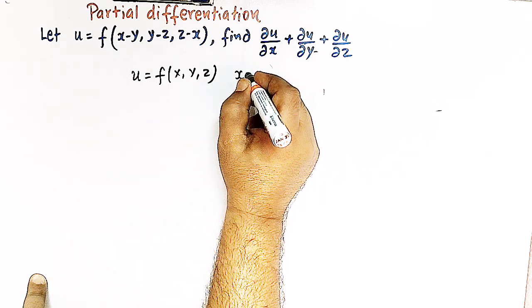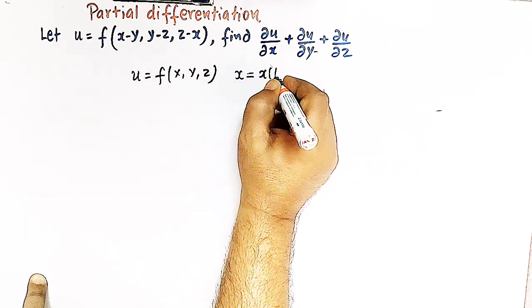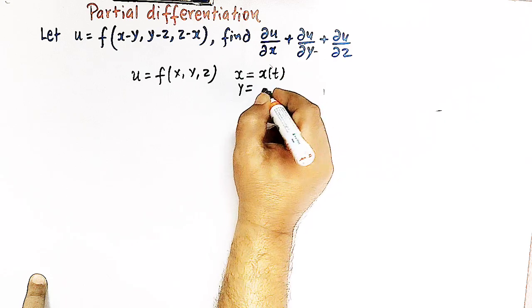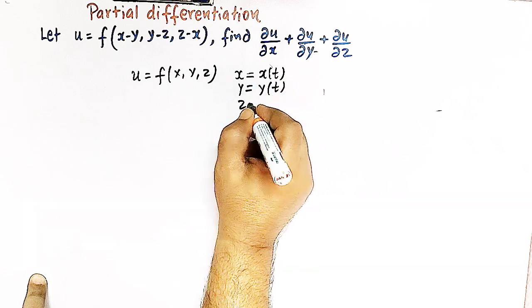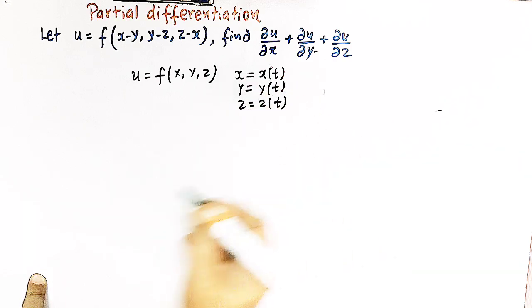So we can now write here x is a function of t, y is a function of t, and z is a function of t, right?